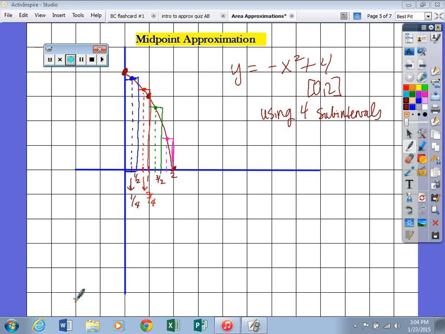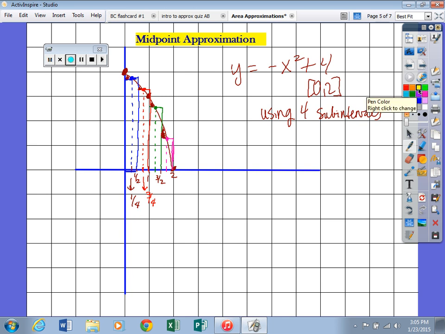I do want to shade before I do area because some people still don't see what we're trying to compare. We want the area under this entire parabola, but look at what happens with each rectangle. Each rectangle has a little bit that's below the curve. Oh, but then it balances really quick. Yes, sir. Good job. Then it does. It balances with a little bit above the curve on the other side.